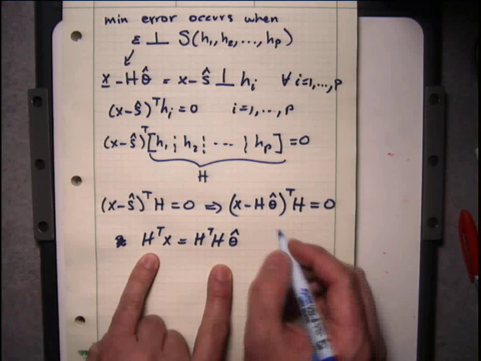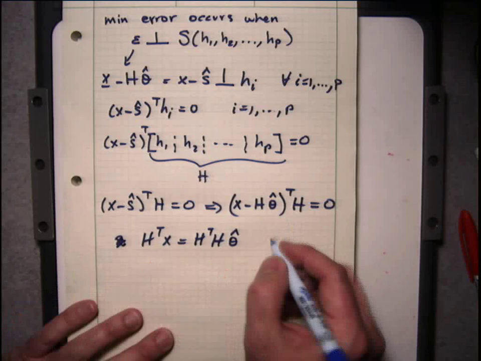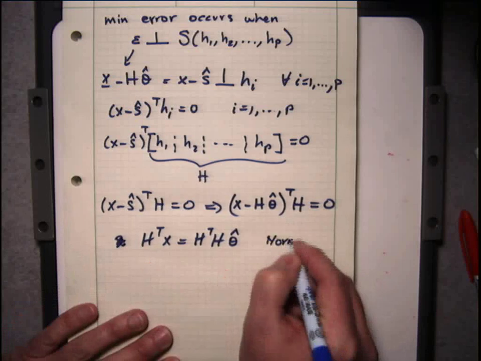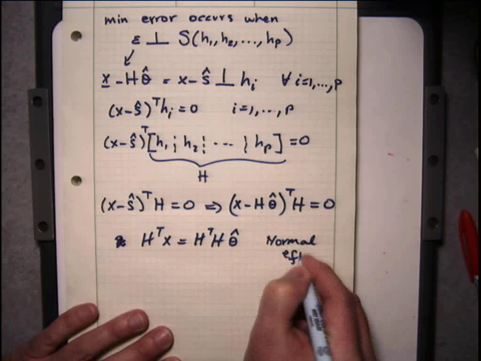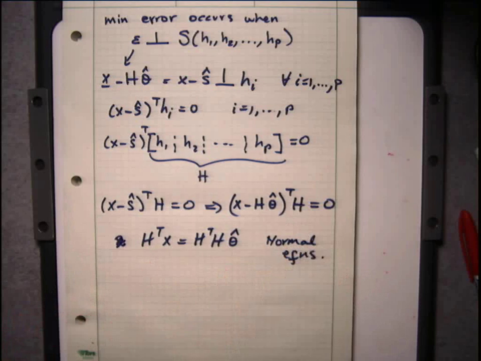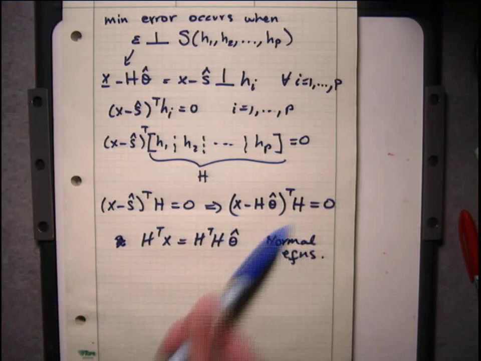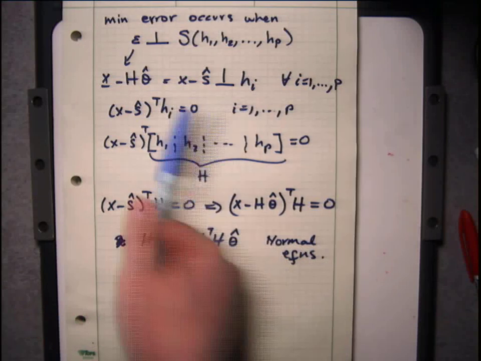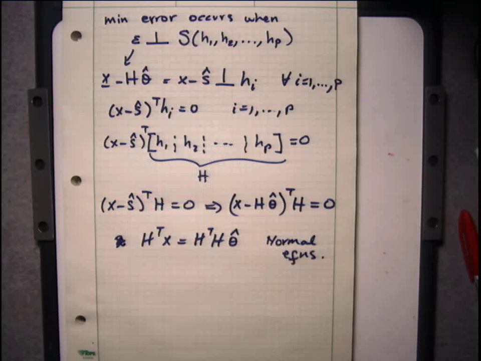And this is what we showed you earlier as what I call the normal equations. And normal is another word for perpendicular. So the reason why this is called the normal equation is because of this orthogonality constraint. So we didn't use any statistics; we used purely just geometry, linear algebra, to come up with this equation.